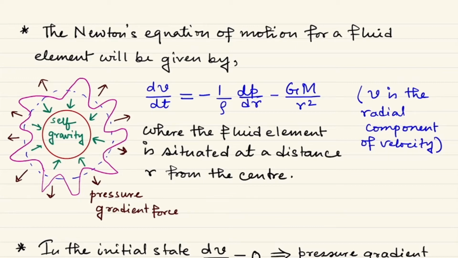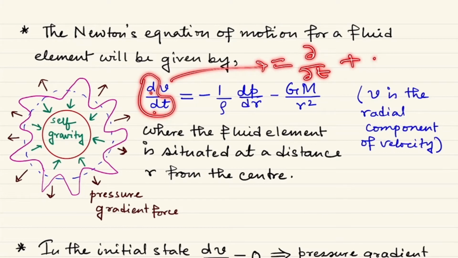Let's say this particle is situated at a distance r from the center. If the particle's velocity is v, then dv/dt, if you remember, in terms of the Eulerian derivatives, is equivalent to del t plus v dot nabla v.